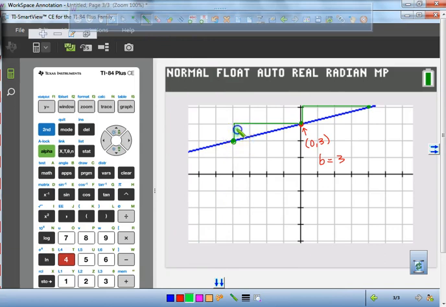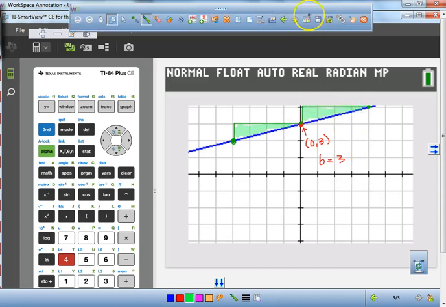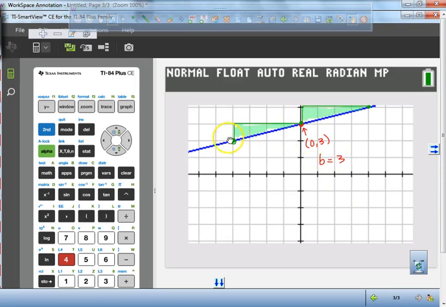I'm trying to help you visualize what the slope actually looks like and be able to identify the y-intercept. Where does this blue line touch the y-axis? It touches it at 3. What's the slope of this line? It goes up 1 and over 4.